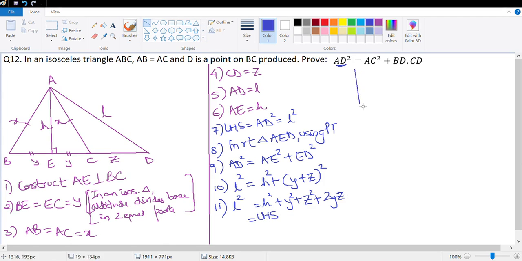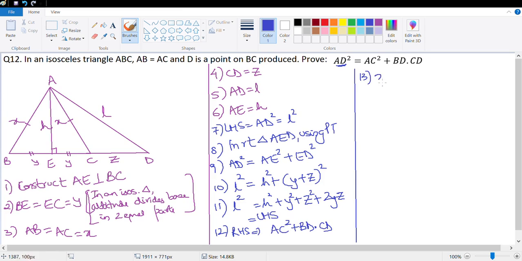Let's see if we can convert the right hand side to the same element. So right hand side here is given as AC square plus BD times CD. AC square is X square. BD is nothing but 2Y plus Z, and CD is Z. Now X square can be written as H square plus Y square. So this is H square plus Y square, plus if I open this, this becomes 2 times YZ plus Z square.